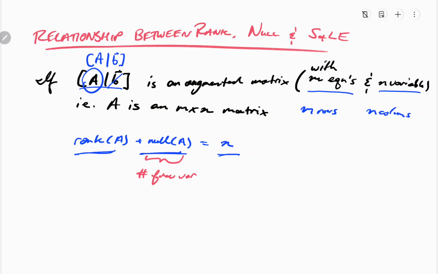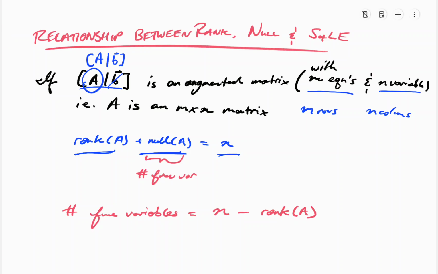So if we isolate for that, the number of free variables in our system of linear equations will be equal to the number of variables minus how many variables have a leading one. So that'll be minus the rank of A. That is one way that is useful to us.